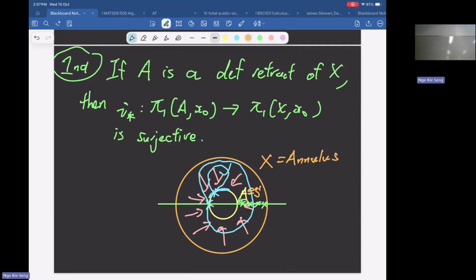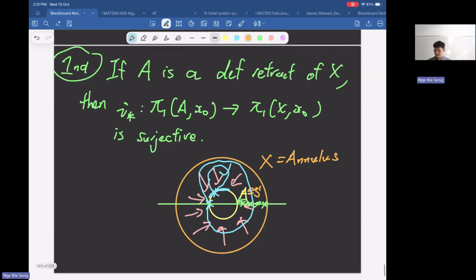S1 cross S1 is just left with S1, right? So you get a simple space. If you have a sphere and you fill out the sphere, you also get a simple space. So usually there's a hole there. Okay, so it's good to clarify it.